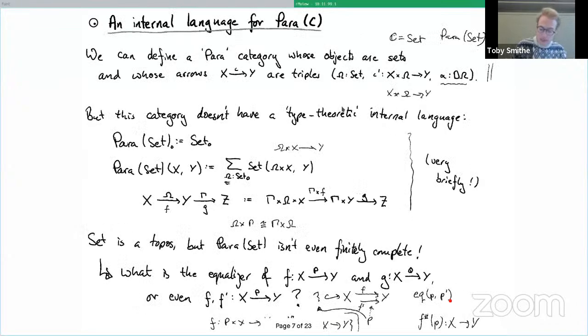Even in that case, we don't have enough objects, as it were. I might just want to care about set acting on itself. I might want to talk about limits, or say equalizers in this para of set, and that's not a sensible notion because I don't have parameterized objects. And so the thing I'll eventually get onto is a way of giving these parameterized objects.